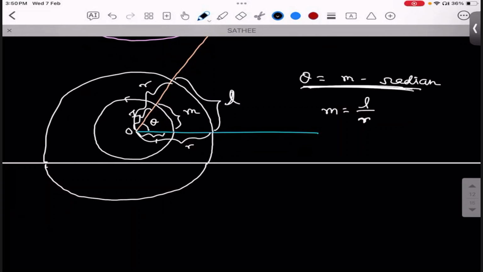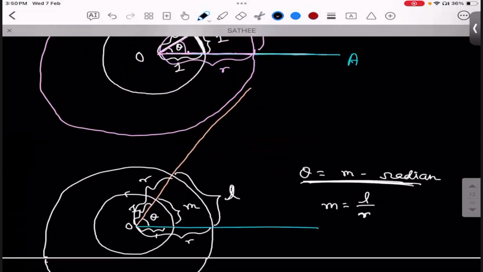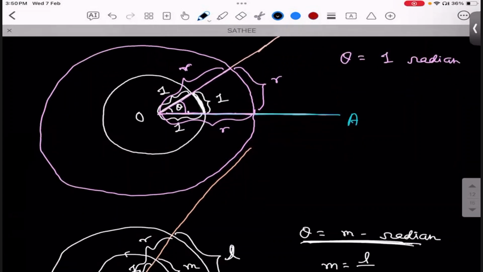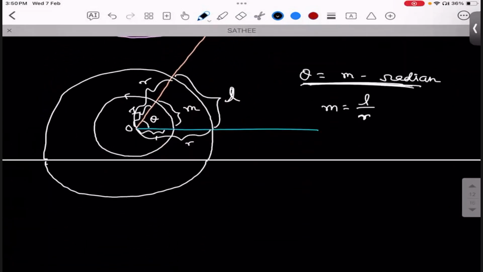Why this? Because whatever we are doing here is r by r, right? So similarly we can say this is the l by r case. So from here we can say the arc length l equals radian into the radius of the chosen circle.